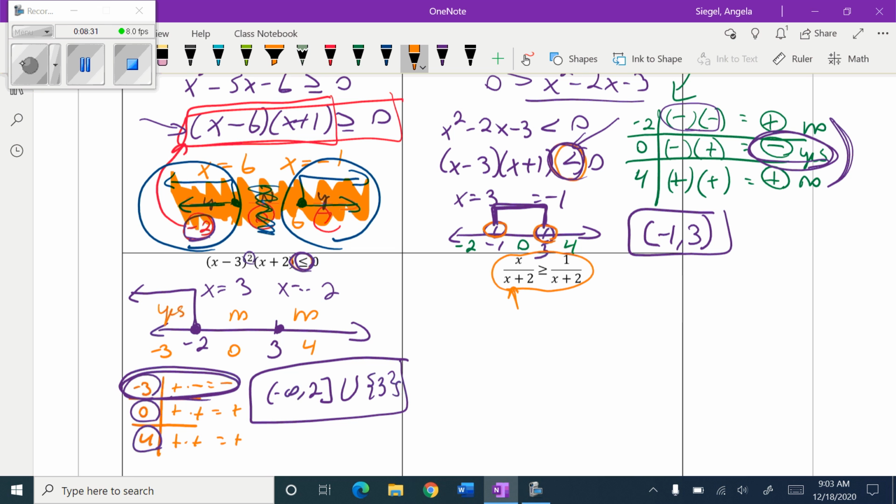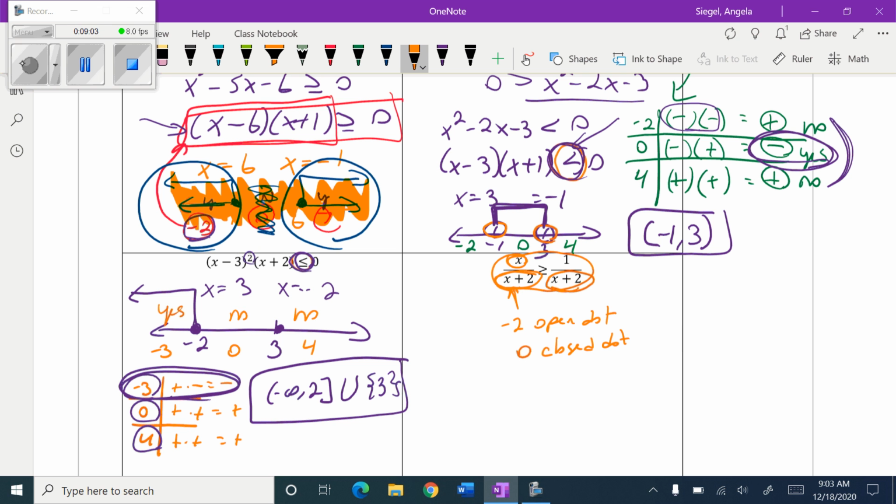So the way I'm going to look at this is -2 here, and actually -2 here, so it's just -2, is going to be an open dot. So anytime you have that denominator, you want to set it equal to 0, but it's going to be an open dot because it's going to go right up to it. So the only other thing that I have is right here, and that is going to be a 0, and it's going to be a closed dot.